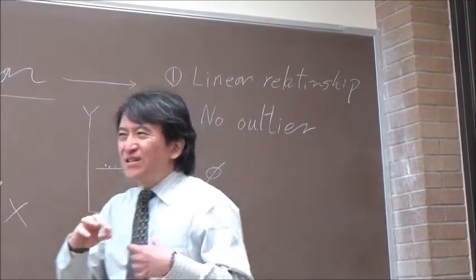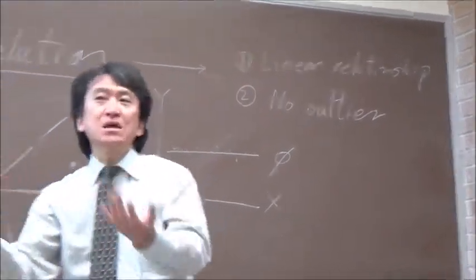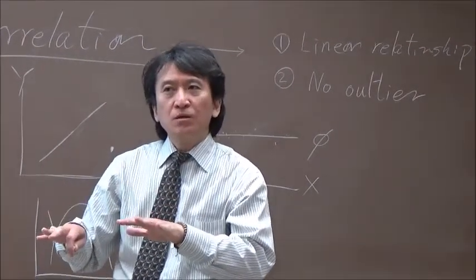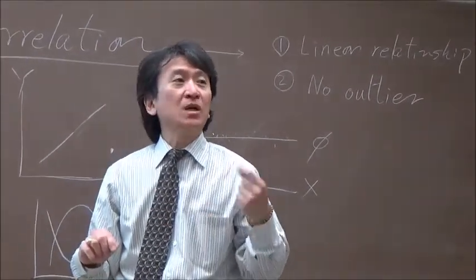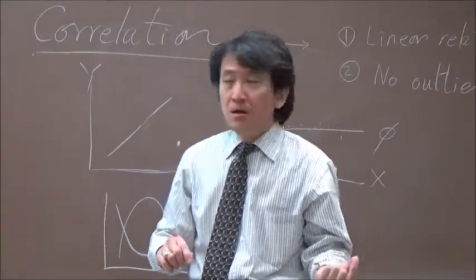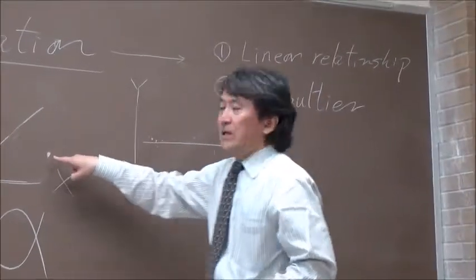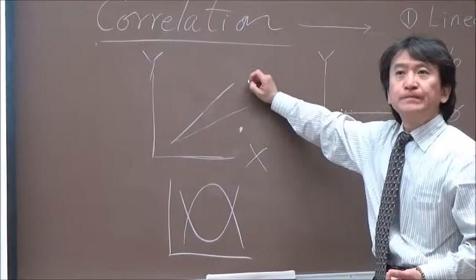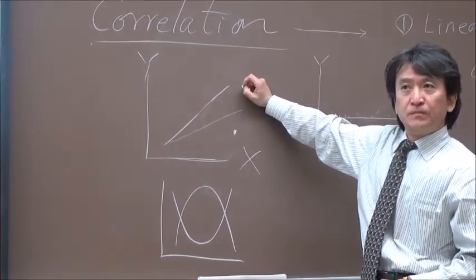I shouldn't say this is an assumption, but as a statistical condition, you have to make sure that you won't have outliers like this, because one outlier like that will significantly affect the correlation. Right?